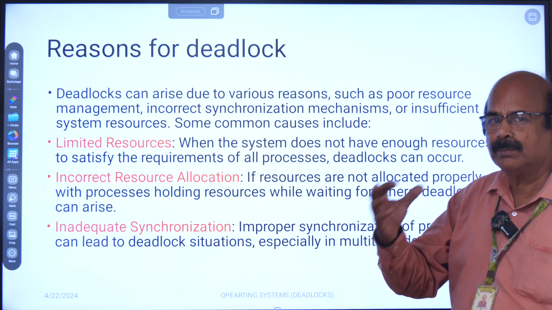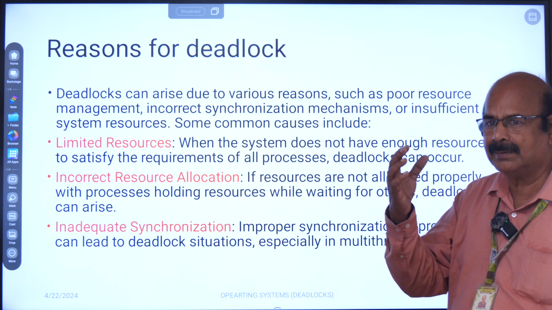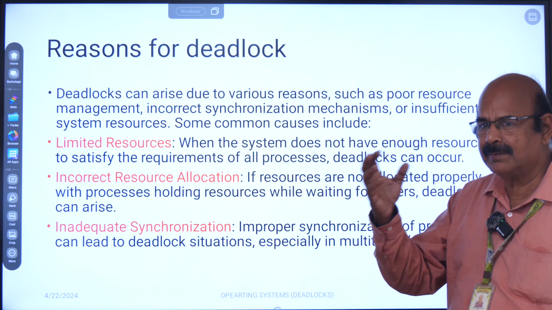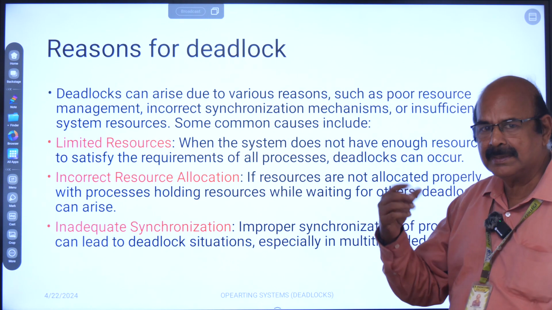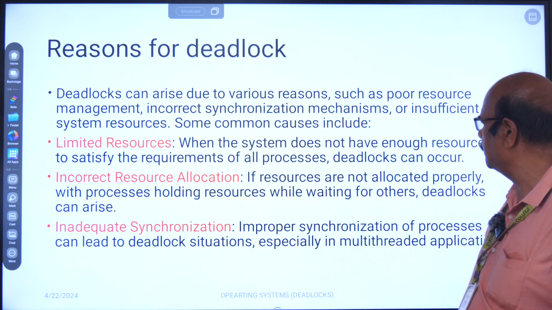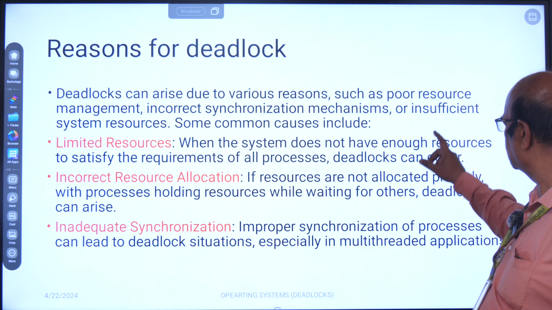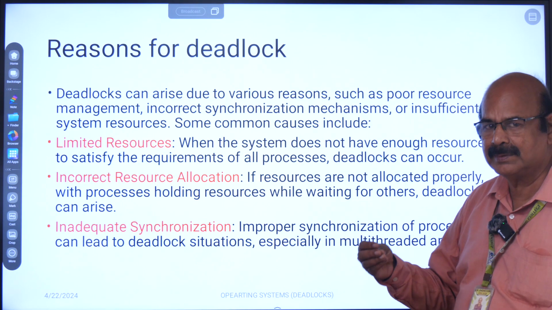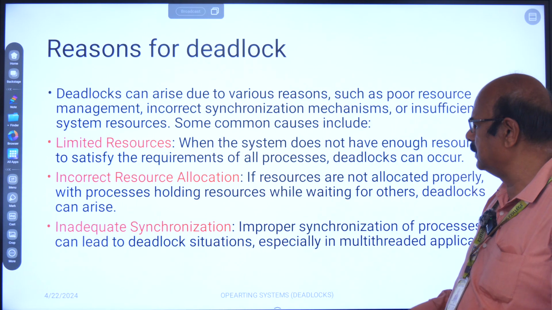The processes won't be synchronized properly while searching for resources. That is also one of the reasons, or insufficient system resources. Whenever the system resources are insufficient, that may also be the reason.